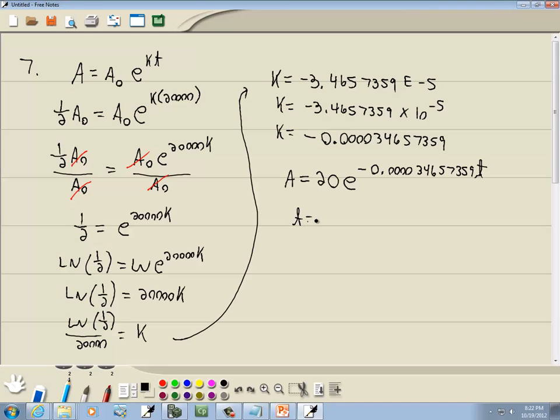So they want us to plug in 20,000 into this. We have A is equal to 20 e to the negative 0.000034657359 times 20,000.